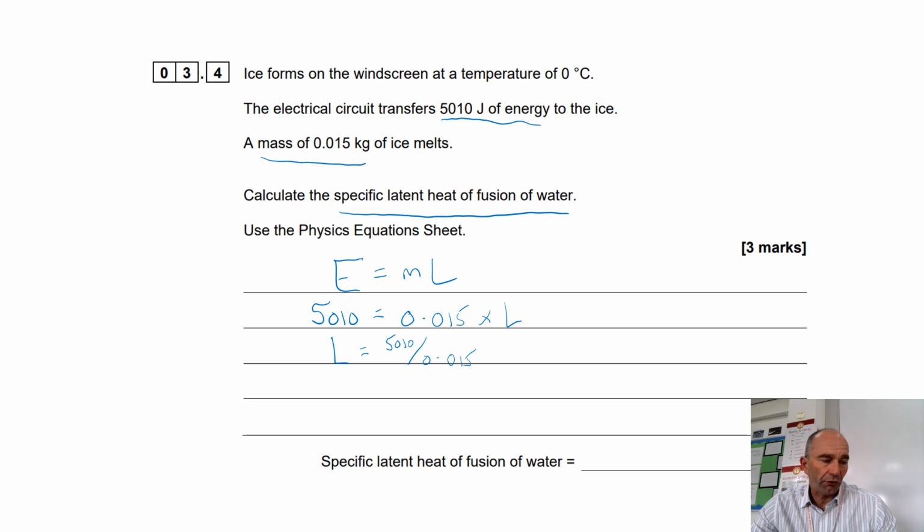That's going to give us quite a large number, and in fact we get 334,000 joules per kilogram, and that's worth 3 marks. Nice and straightforward on that one, assuming you can find the correct formula.